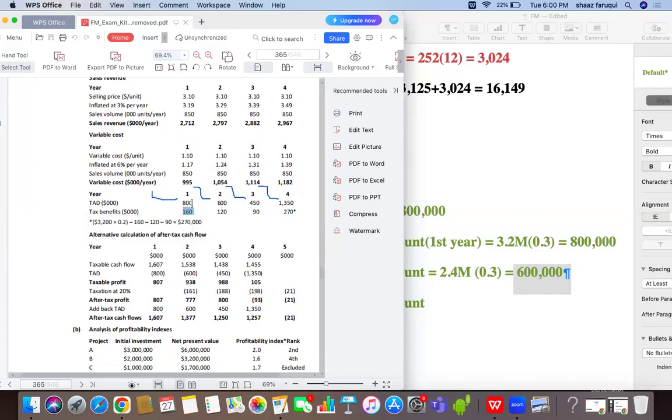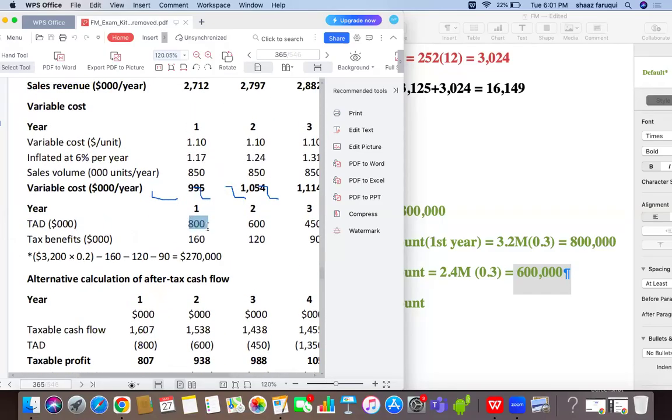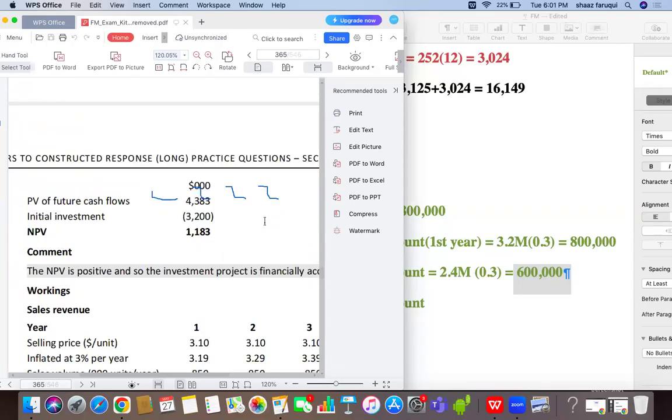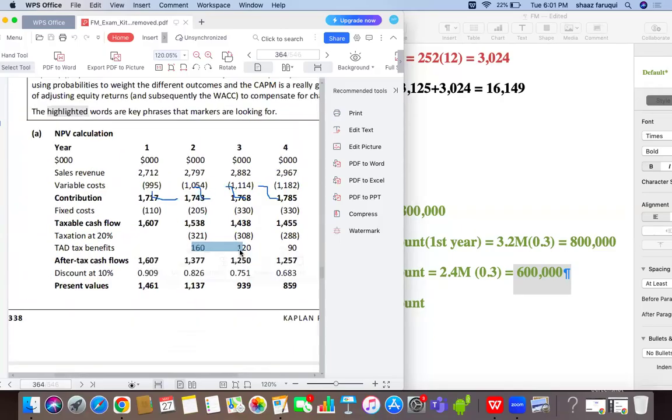Because there is depreciation of 800,000, the government comes and tells you, no need to pay tax on this 800,000. So you get a saving. And that's why it's called tax benefit. You save 20% taxes. So tax allowable benefits are here.